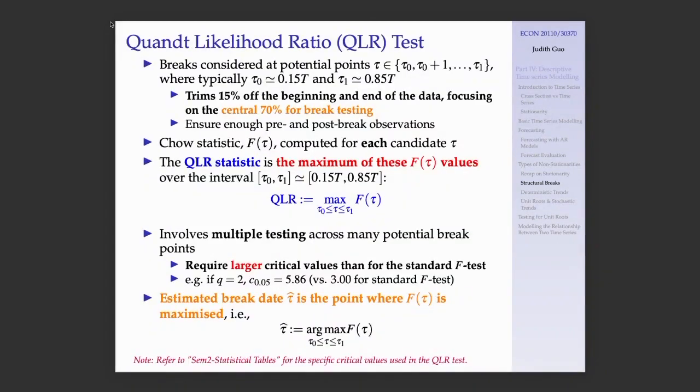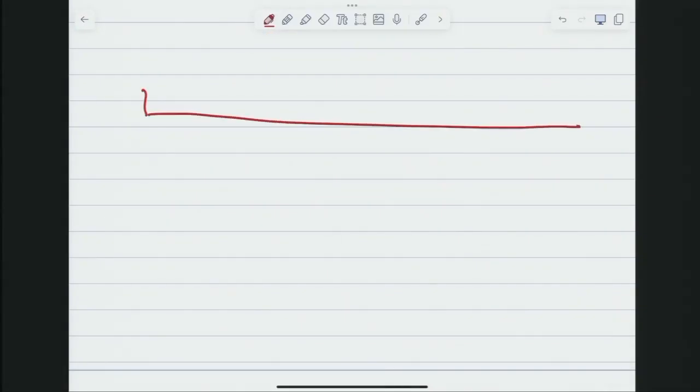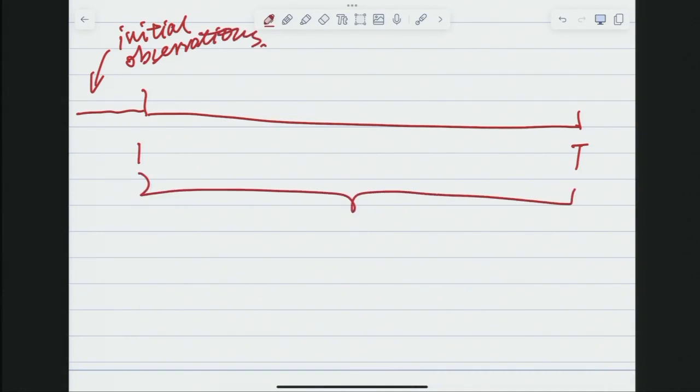Basically, the idea is that we'll consider an interval for some potential breakpoints. Imagine this is our full sample, going from 1 to capital T, and we also have some initial observations, but the effective sample size is from 1 to capital T. It's impossible to search for the potential breakpoint over the entire sample, because that would result in a sort of biased breakpoint identification.